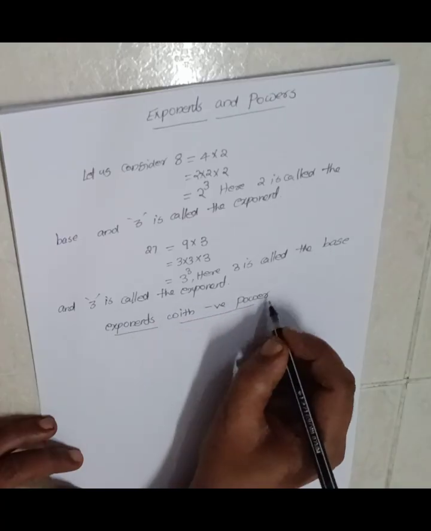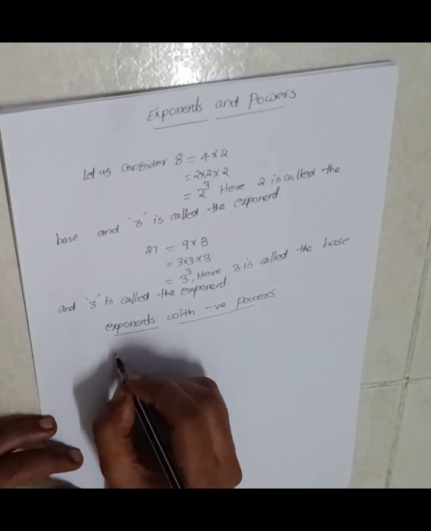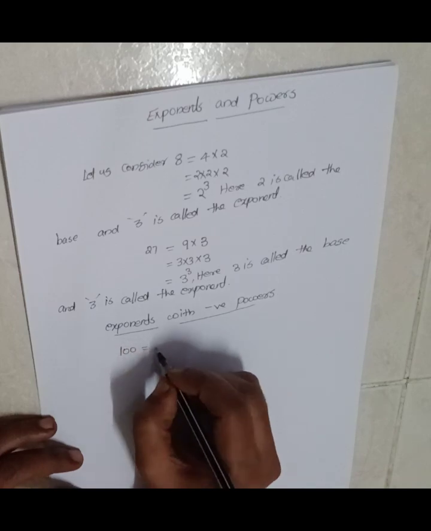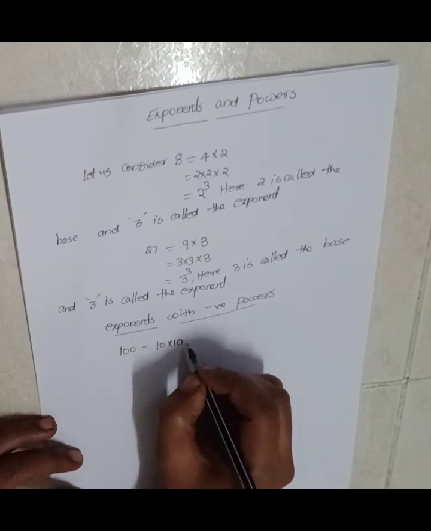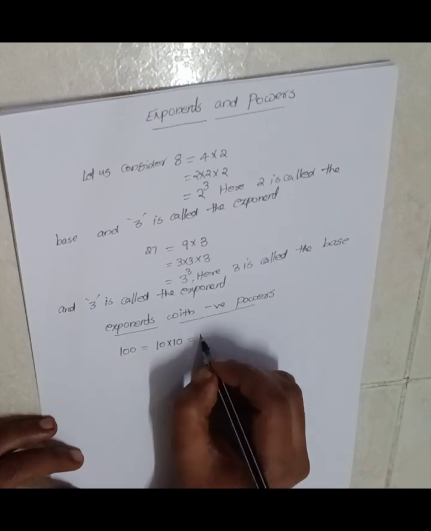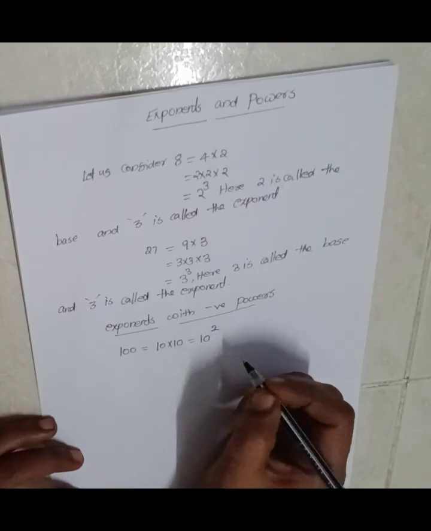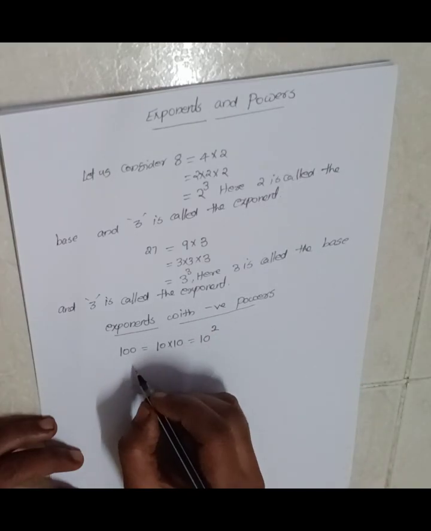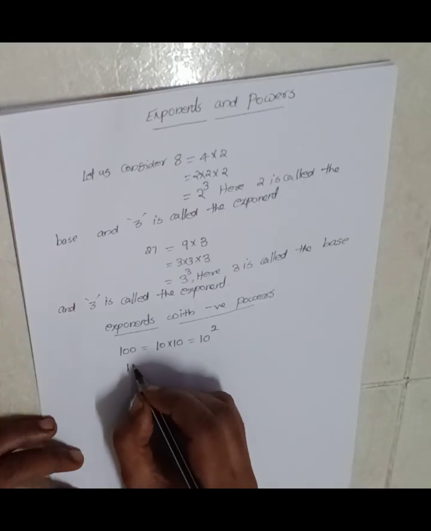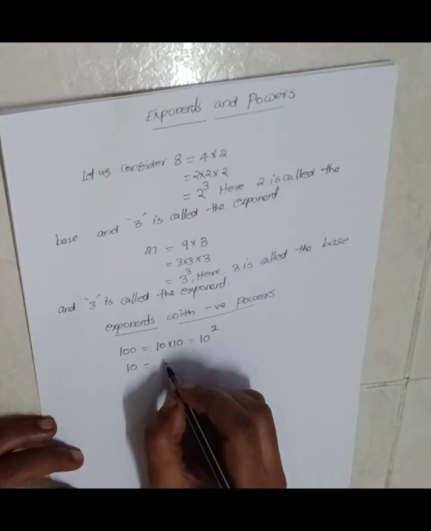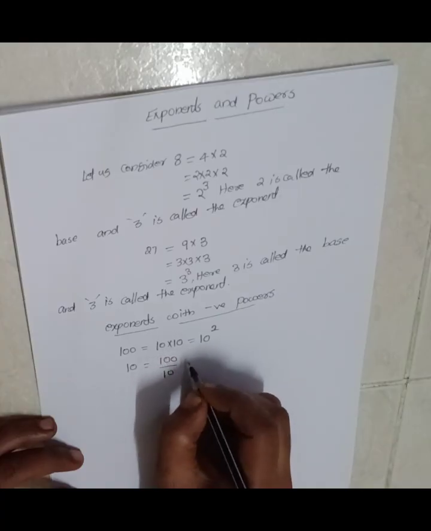Exponents with negative powers. Let us consider the number 100. 100 can be written as 10 into 10, that is equal to 10 raised to 2. Then next we can consider the number 10. 10 is equal to 100 by 10.